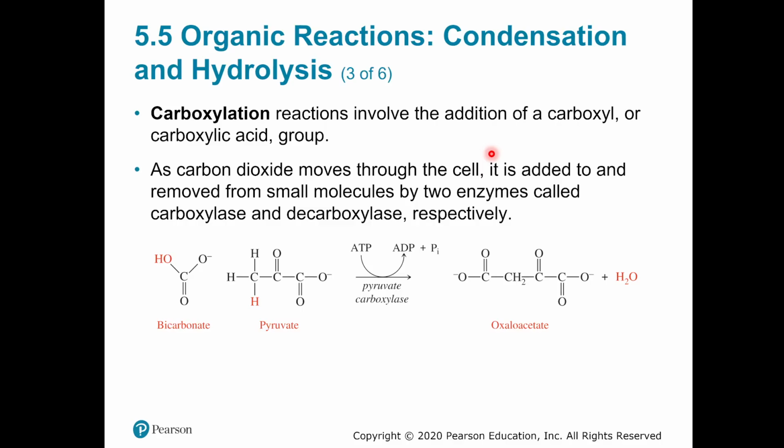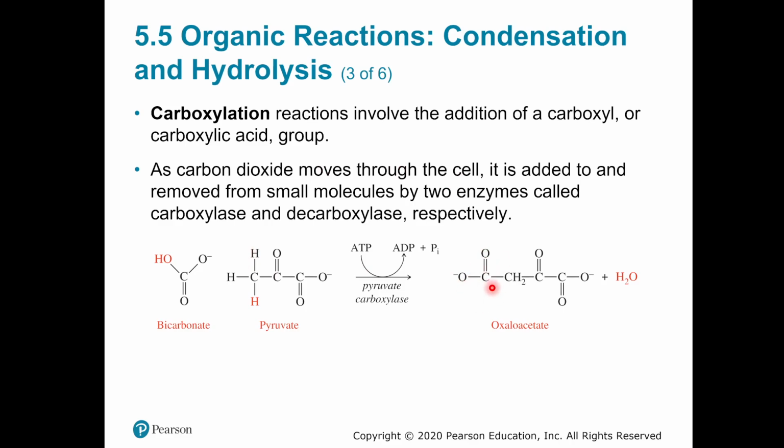All right. So, carboxylation. This is where reactions involve the addition of a carboxyl or carboxylic acid group. See, we have a carboxylic acid group right here, and this is carboxylation. We've added a carboxylic acid group to it.